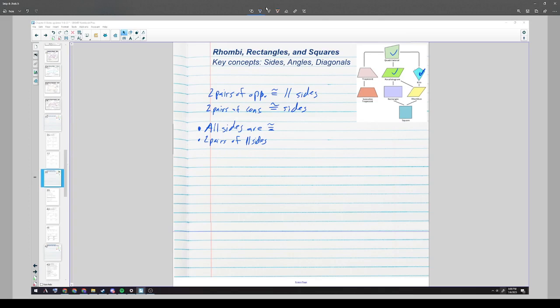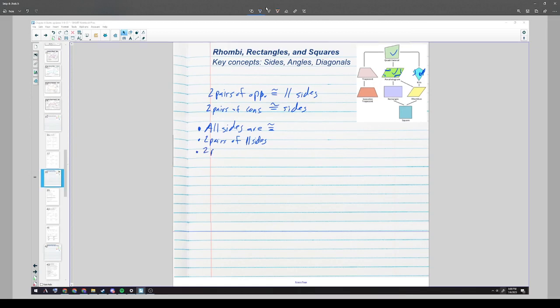Kites had one pair of congruent angles. The parallelogram had two pairs of opposite congruent angles. Since this is more specific than that one, all cases here include that case. If we have one pair of opposite congruent, two pairs of opposite congruent is more powerful. So we carry down that property.